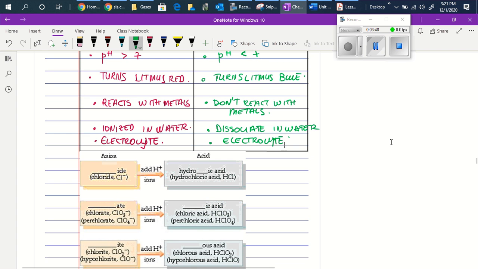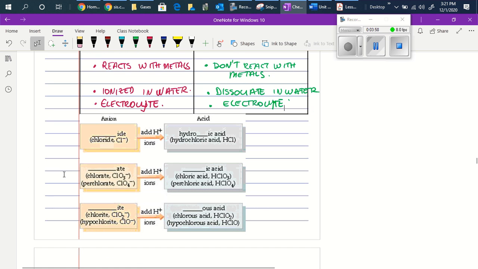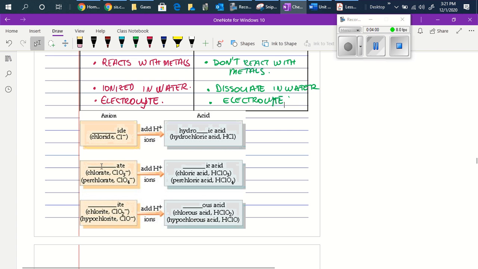Okay. Now, if we talk about naming acids, and this is mostly review from Science 10, what is happening is that when the negative ion, which is called an anion, is combined with hydrogen, the positive ion, it forms an acid.